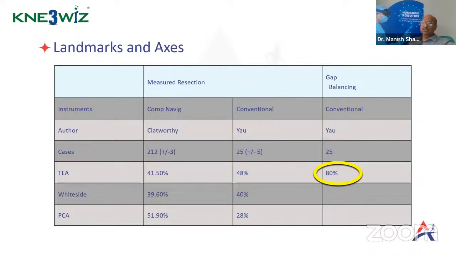Based on CT scan and either navigation or conventional instruments, getting the transepicondylar axis correct with navigation was in less than 50%. Whereas with gap balancing, achieving a transepicondylar axis was close to 80%.